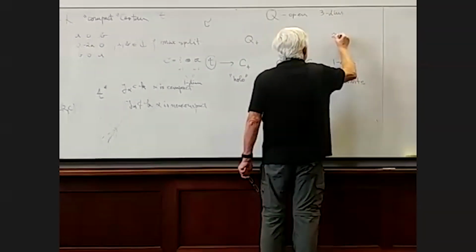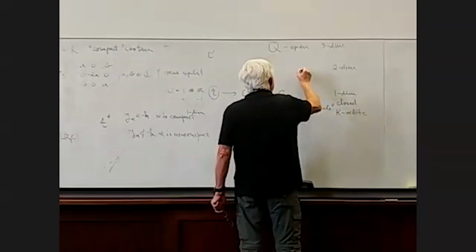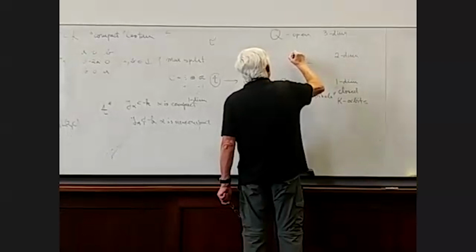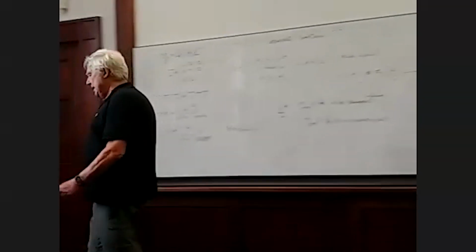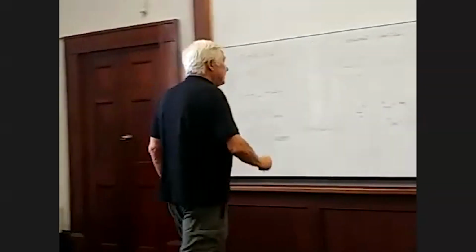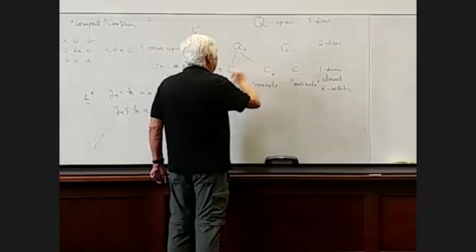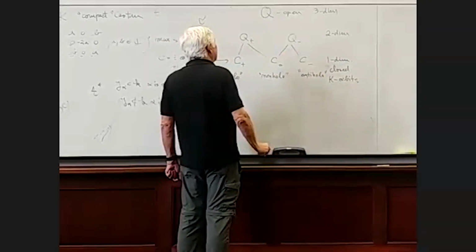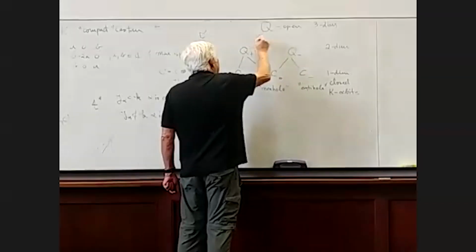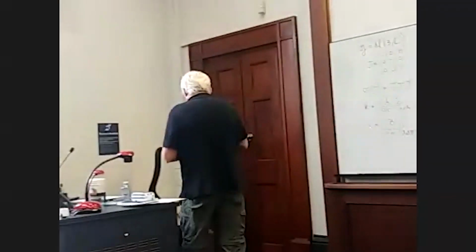And there are two-dimensional orbits, Q plus, Q minus. So this is the orbit picture, and the closure relation is this guy contains these two in the closure, this guy contains these two in the closure, and everything is in the closure of the open orbit. So this is the orbit picture.